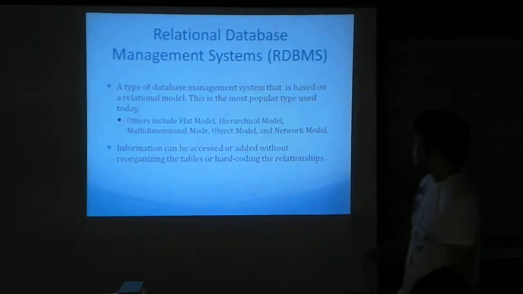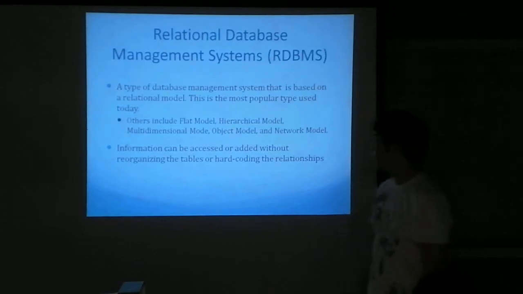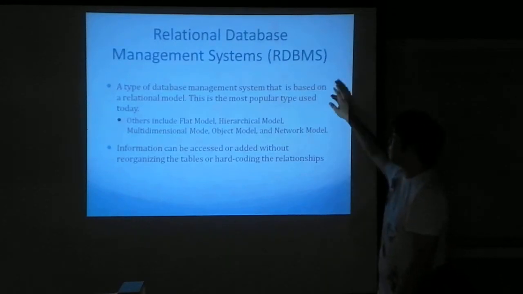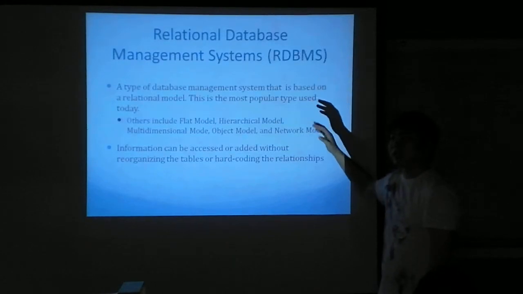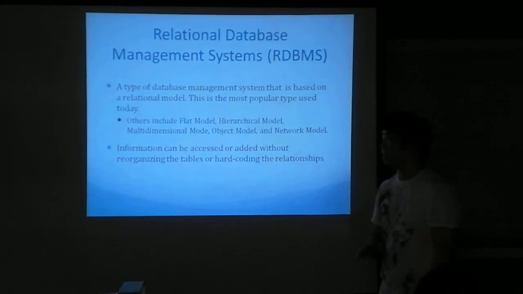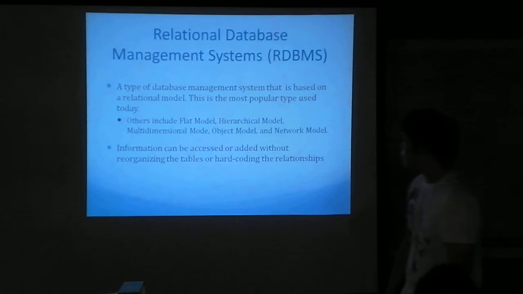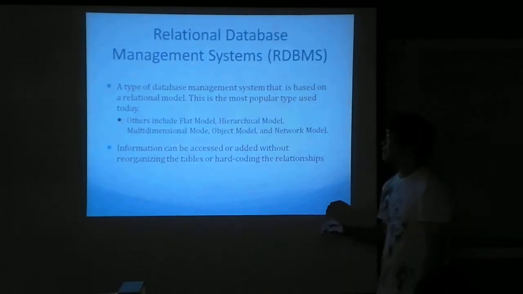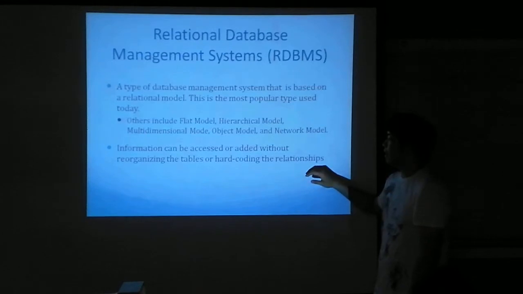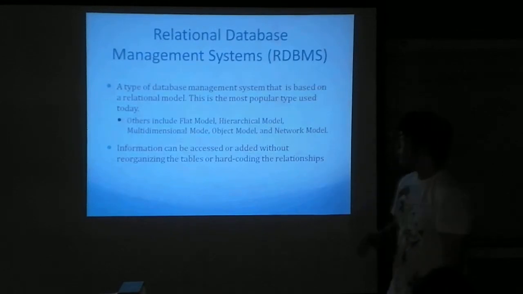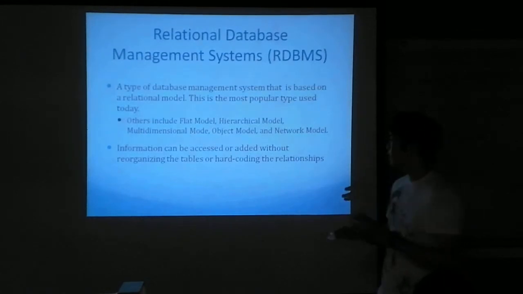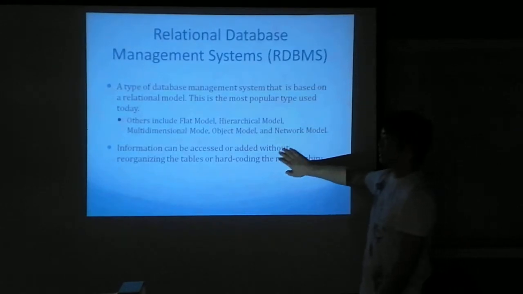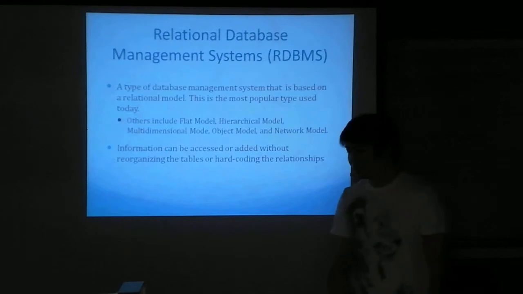They're a little more specialized, and some of them are outdated for their purposes. But you just have to keep in mind that relational databases are the main type of database we use today. And what relational databases allow us to do is access data through tables without having to hard code the relationships between them. And I'll explain more about what this means several slides down.